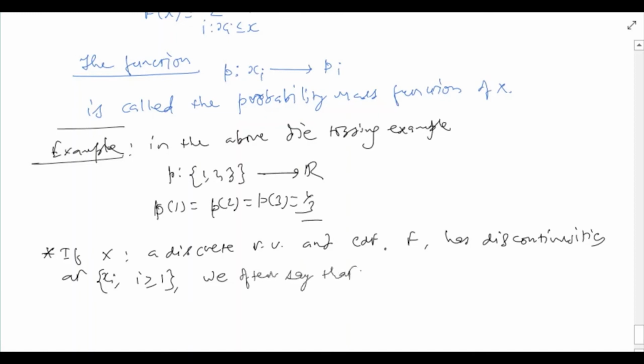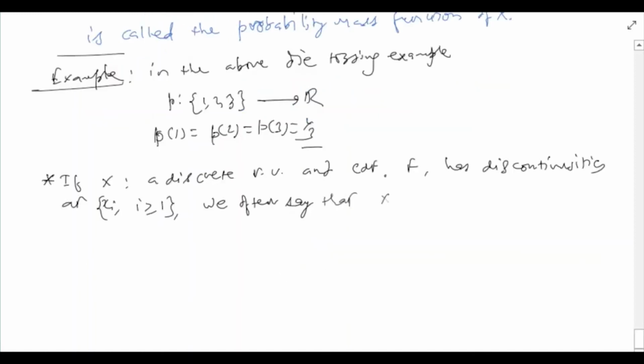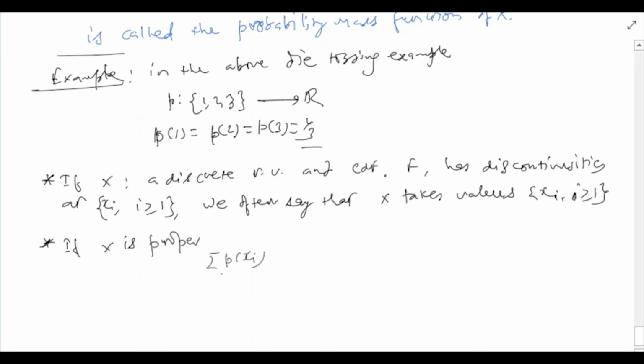If the discrete random variable x is proper, then clearly summation of p xi over i greater than or equal to 1 is 1.